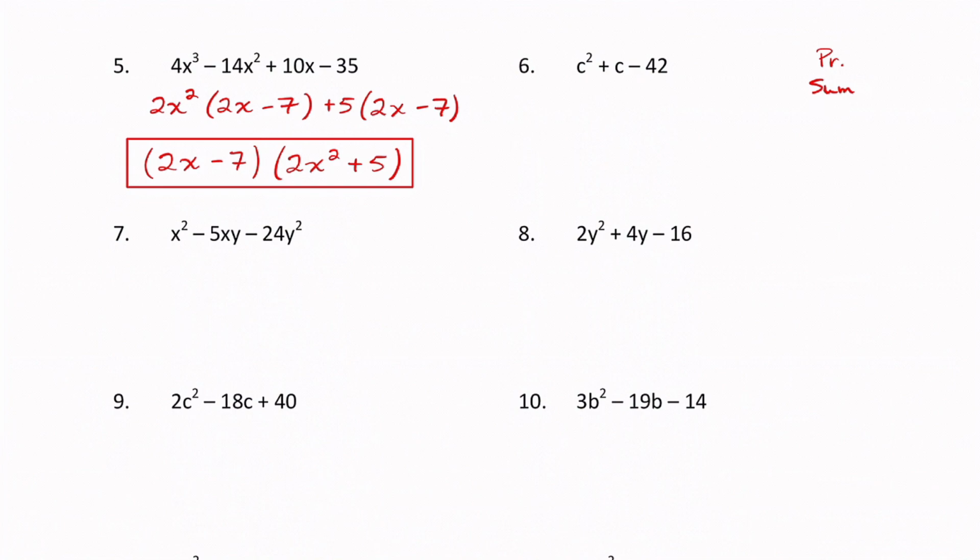And what we want to do is find the product of the first number and the last number. So let's go 1 times negative 42. Okay, so we want to get a product of negative 42, and we want to get a sum of the middle number, which is just a hidden 1.